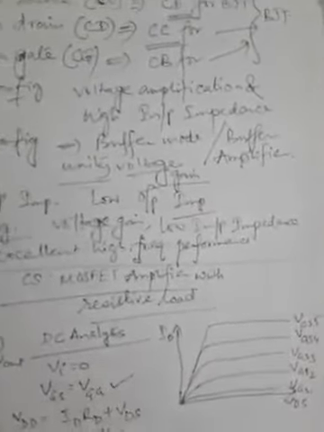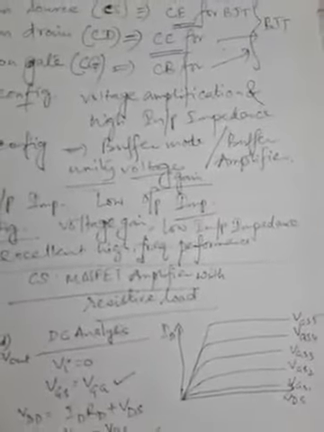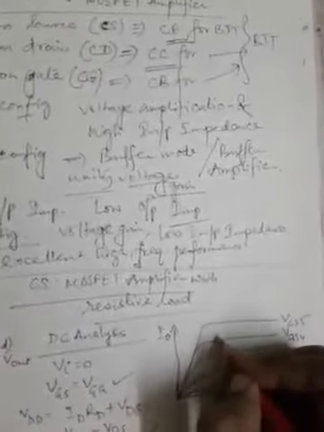This is the VI characteristics, and in it there is a demarcation line, something like this one, which demarcates the characteristics into two different regions.